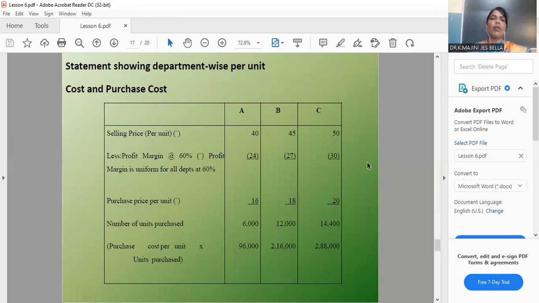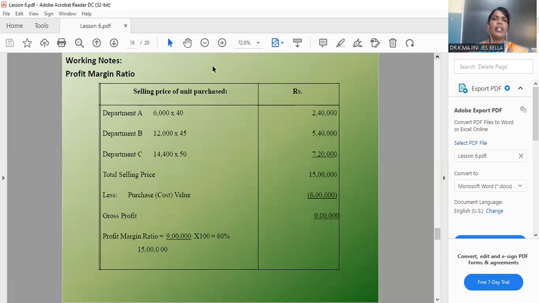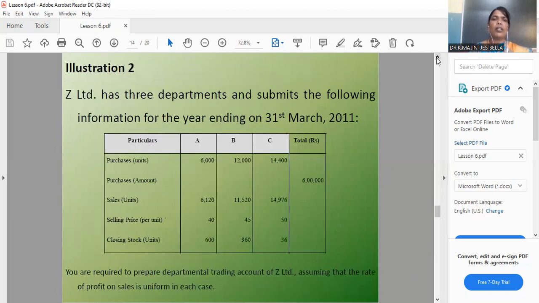That is uniform for all the departments. The selling price for each department is varying, 40, 45, 50, but the profit margin is equal for all three departments, 60%.